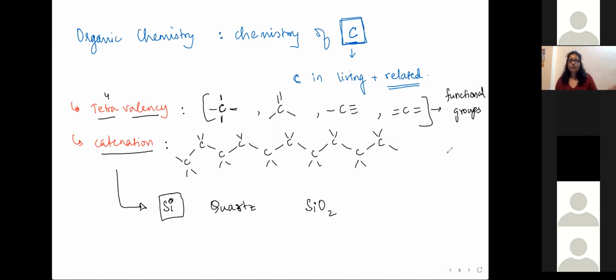Like if you have carbon compounds with a single bond attached to an OH group, all of them tend to have similar properties because of this oxygen and hydrogen. So it's easy to study them in specific groups depending on what atoms it is attached to. So those groups are functional groups.